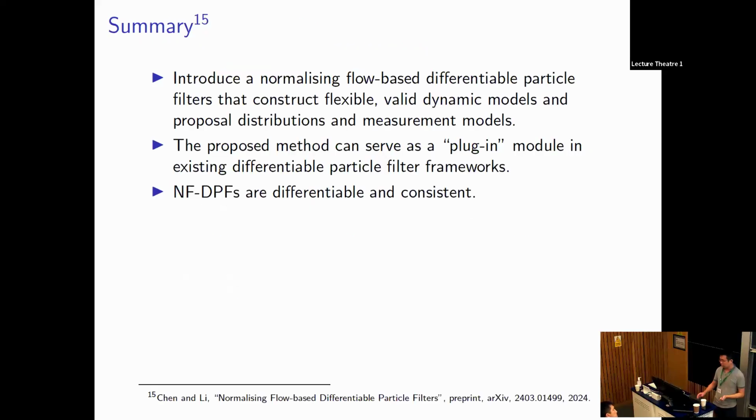So in summary, in this piece of work, we introduce a normalizing flow-based approach to construct flexible and valid dynamic models, measurement models, and proposal densities. It can be used as a plug-in method.